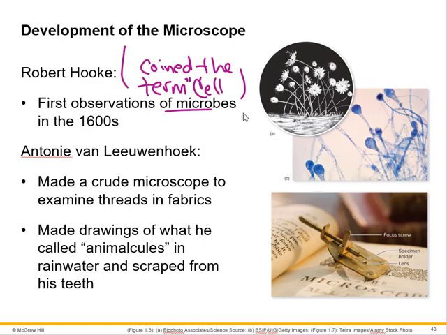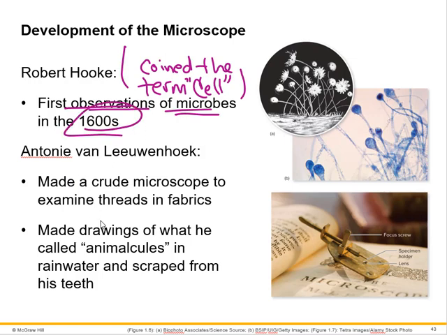He was looking at cork and other organisms, but mostly cork, and he saw these tiny empty spaces where the cells were no longer there, and figured they looked like prison cells, or the rooms that monks live in at a monastery. So he coined the term cell, but he was also the first person to make observations of microbes in the 1600s.